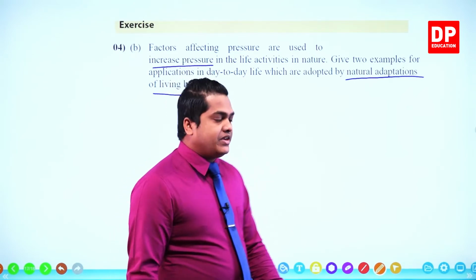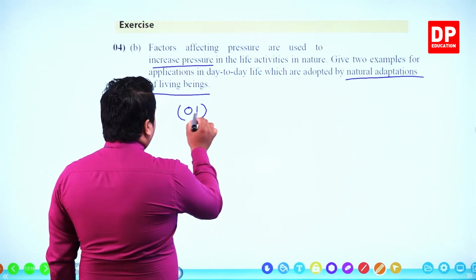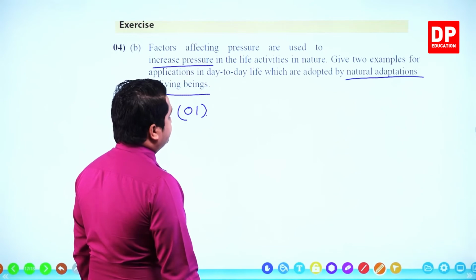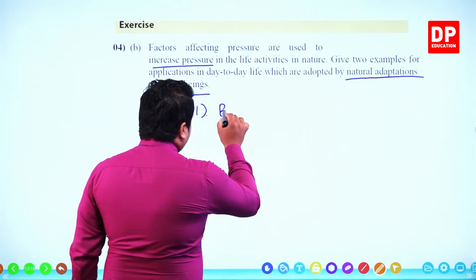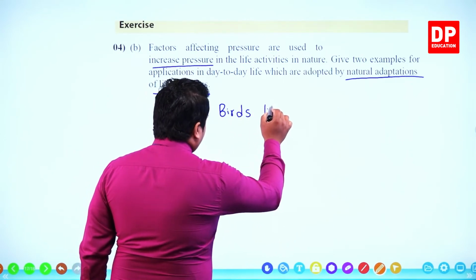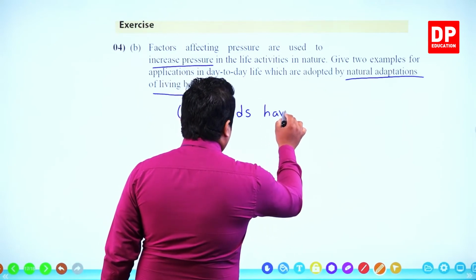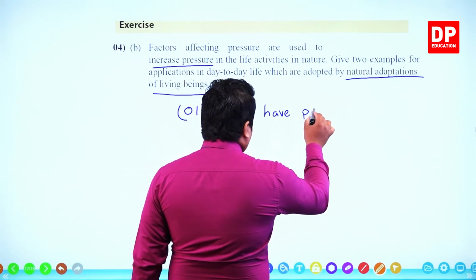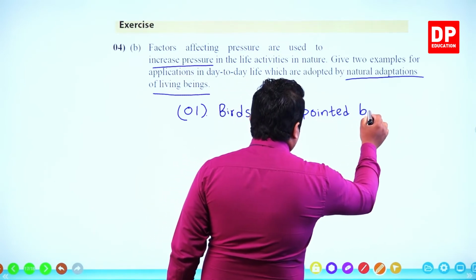So we'll write down two examples. Number one, birds have pointed beaks.